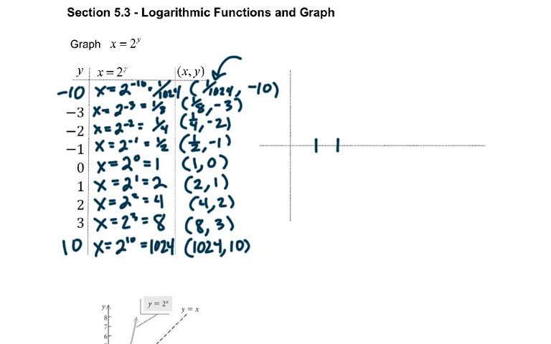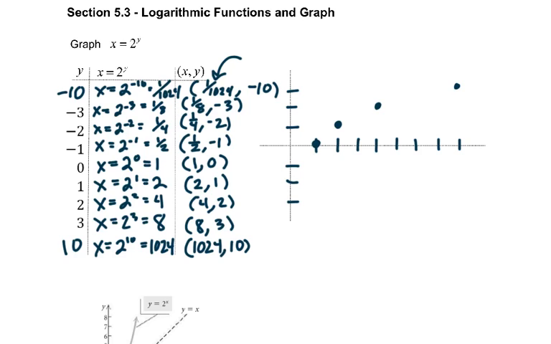So if I think about graphing this, I'm going to go down 3 and up 3. I'm going to plot 0. We've got (1, 0). We have 2 up 1, 4 up 2, 8 up 3.